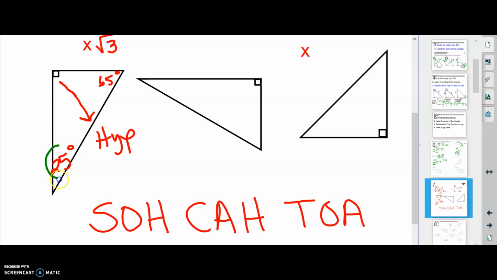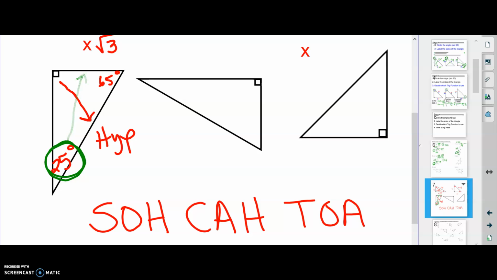If I circle the 25, which side is going to be the opposite? It's the one all the way across, so this would be the opposite. The one right next door, the adjacent, would be this one. Labeling the sides is super important.